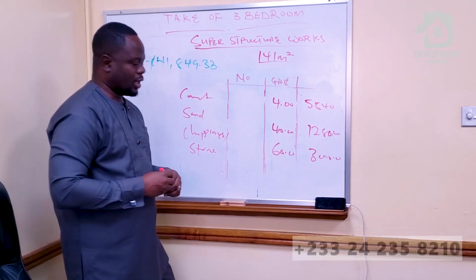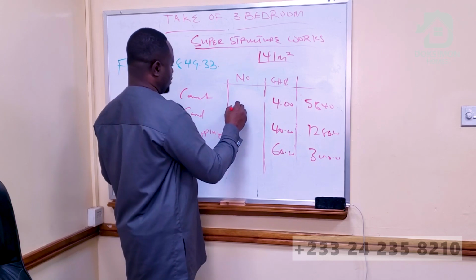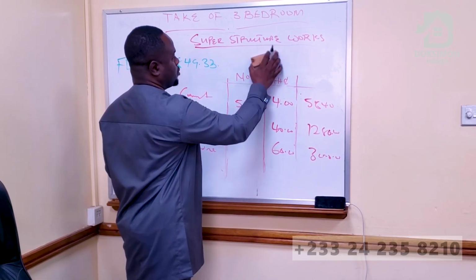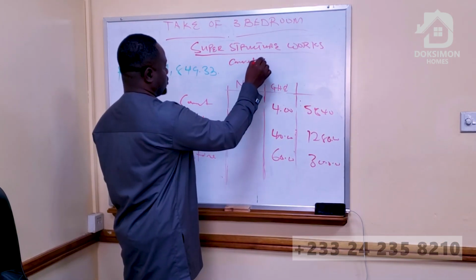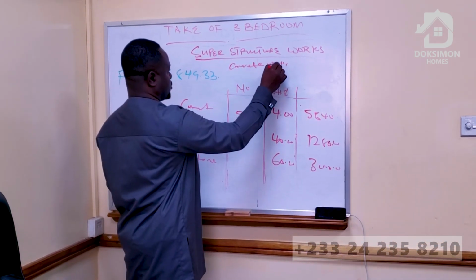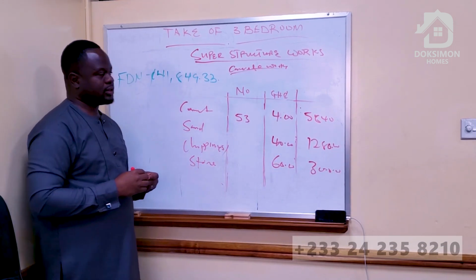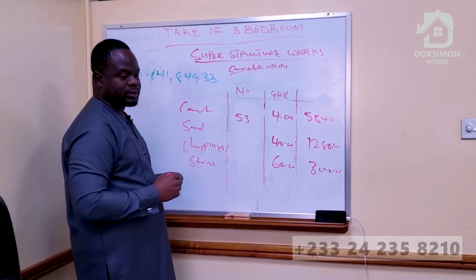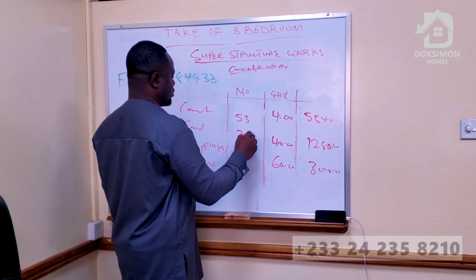With the cement, we need 53 bags. With the sand, we will need 3 meter cube.